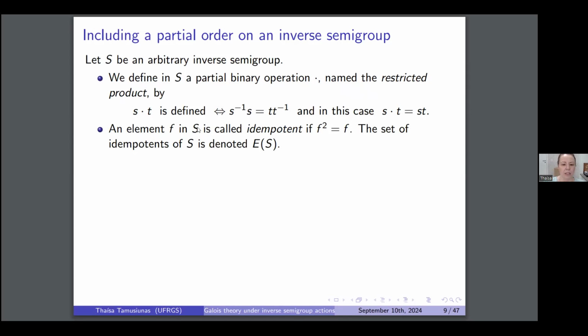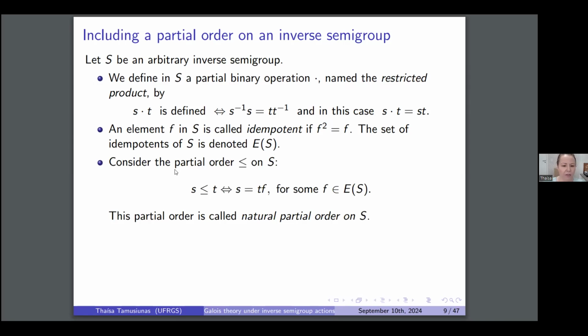An element in the inverse semigroup is called idempotent if F operated with F is equal to F, or F squared is F. And the set of idempotents of the inverse semigroup S is denoted by ES.